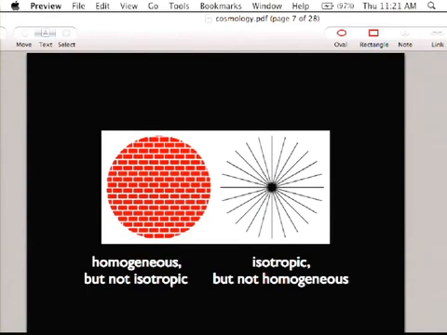So there is something different if you look this direction or if you look this direction. So it's not isotropic. But if you look at this figure, assume you are at this point, and if you look in any direction, it looks the same.